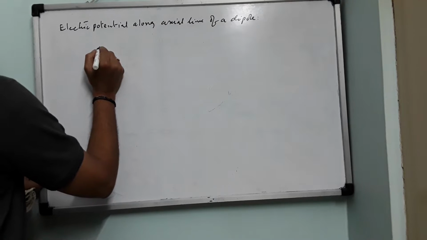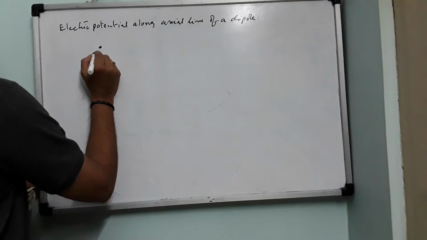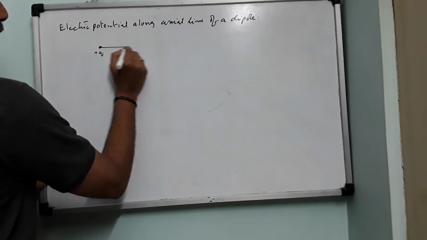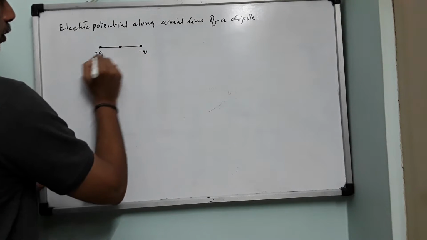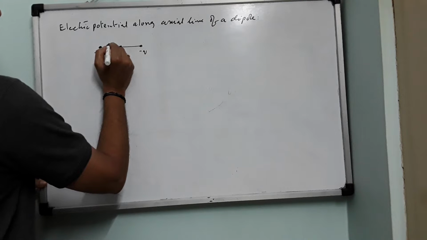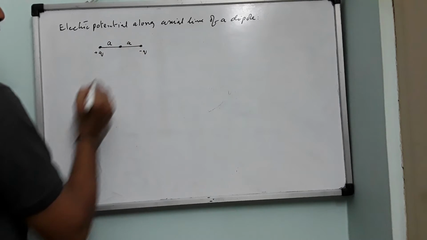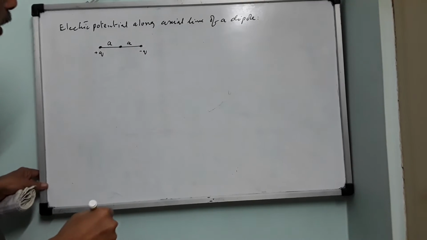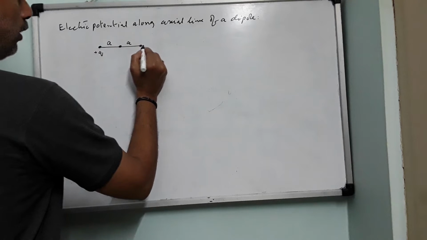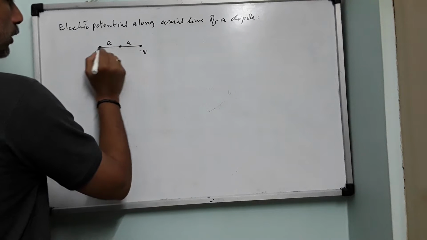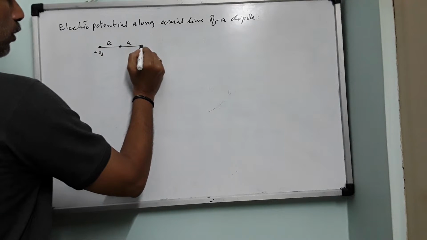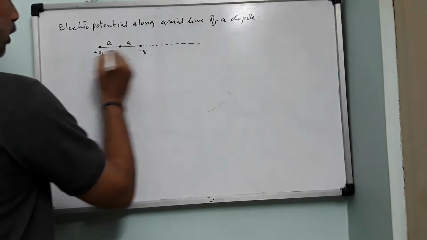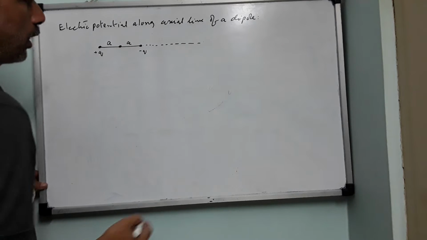Now, take a charge plus Q here, and at some distance from here there is minus Q. Center of the dipole, total length is 2A. So this part is A and this part is A. If you extend this axis, called the axis of the dipole of length 2A, either towards right or towards left, that line is called the axial line.